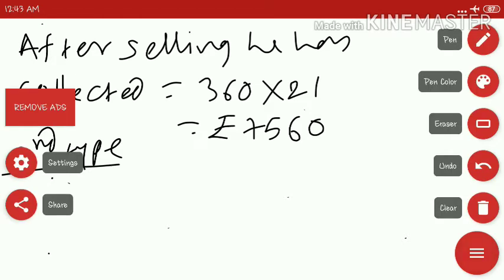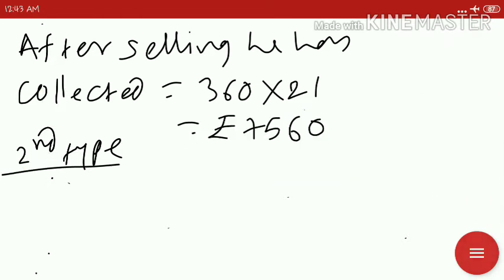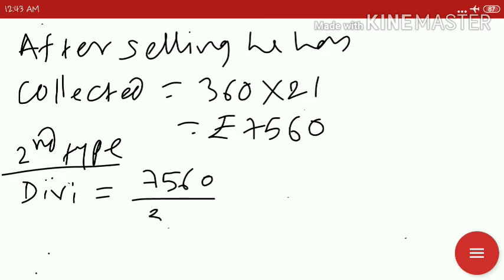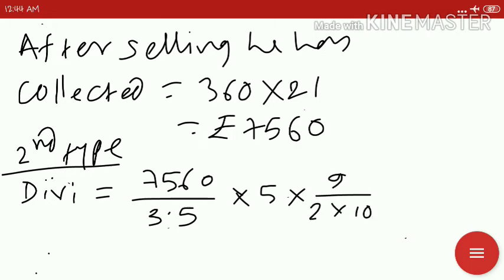So the dividend in his second type of shares equals the investment, that means 7560, divided by the market value of the share which he is going to purchase, times the face value and the rate, 9/2%, that means 9/2 into 100.